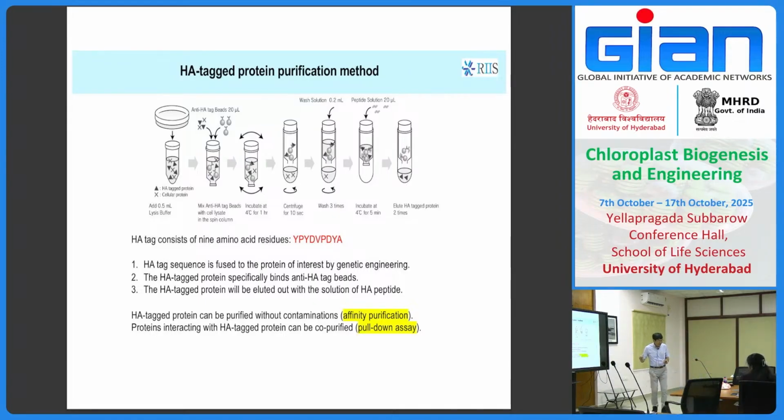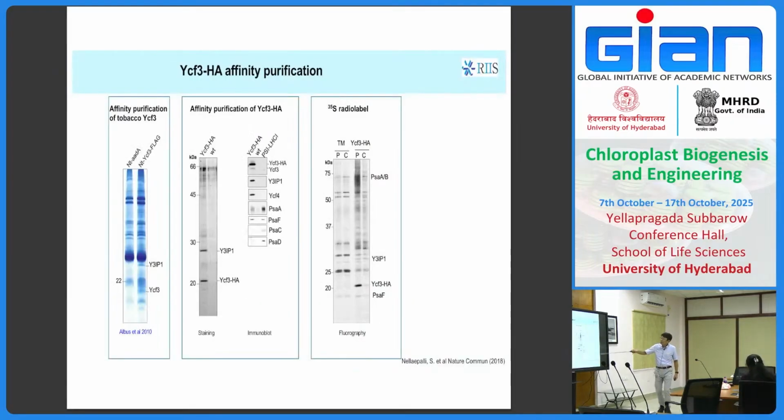Then we solubilized the thylakoid membrane and then purified YCF3, and then I showed you before these two proteins were purified: YCF3, HA tagged, and interacting protein YCIP1. And also a very small amount of PS1, but you couldn't detect it by staining the polypeptide. But the immunoblotting showed that PS1 is a little bit present, the PSAF, but not as a peripheral.